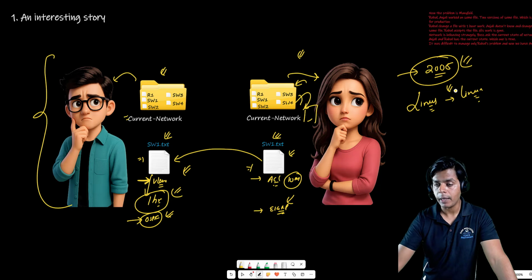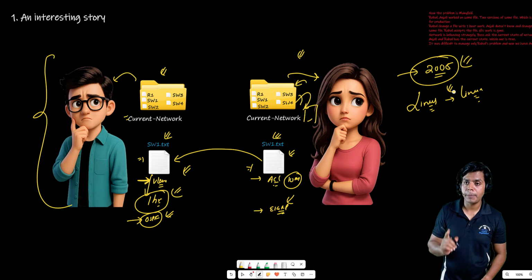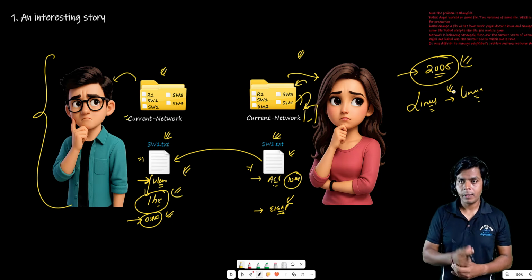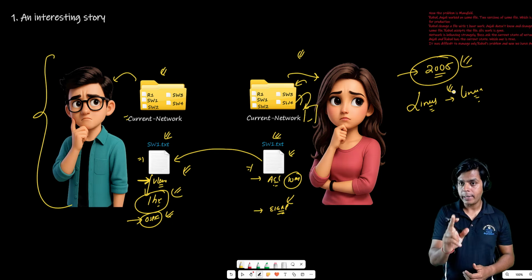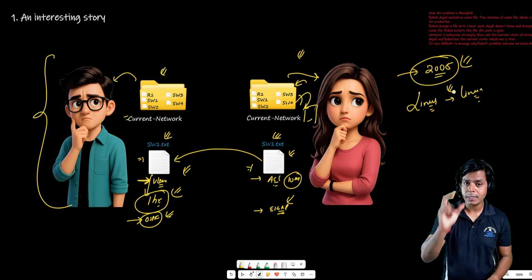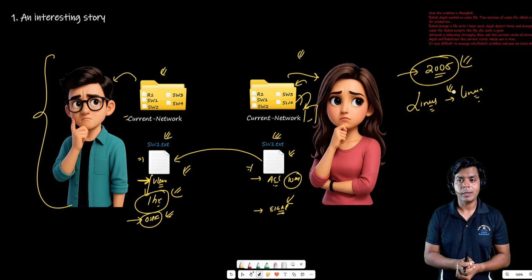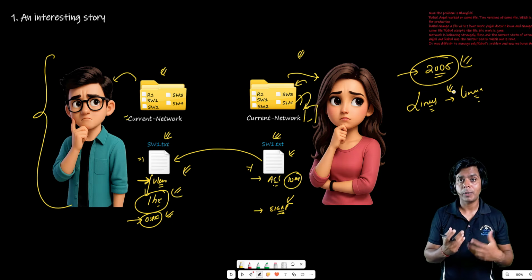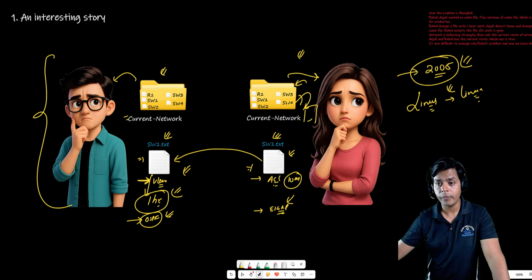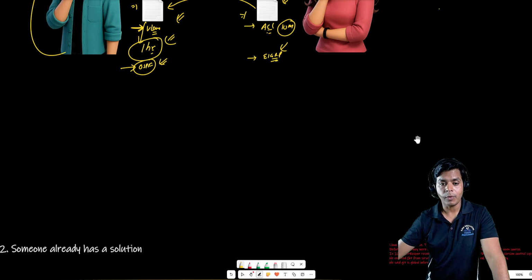And this guy was facing the same problem. And believe me, he was not working with one engineer. He was working with thousands of engineers on the same folder, same files. I'm not talking about two people, I'm talking about 1,000 people. And that guy who faced this problem was Mr. Linus.